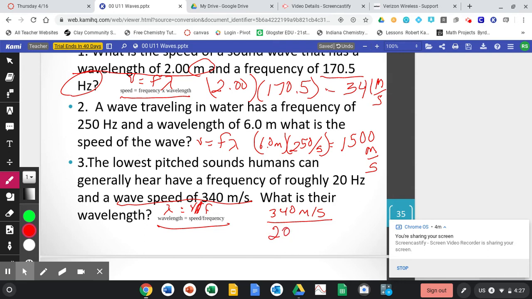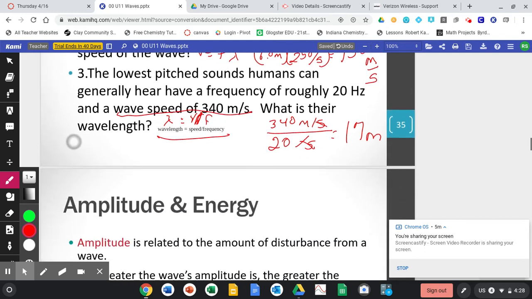Instead of writing hertz, I'm going to write it as per second. So you can see how that cancels, and you get the units of meters. So I'm going to take 340 divided by 20, and that will give me 17 meters. So it's probably a radio wave of some kind. And so that's your wave problems.